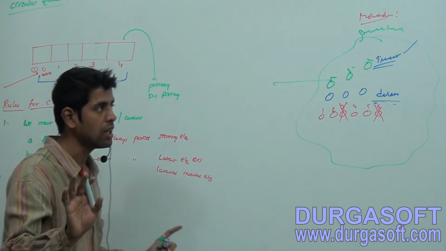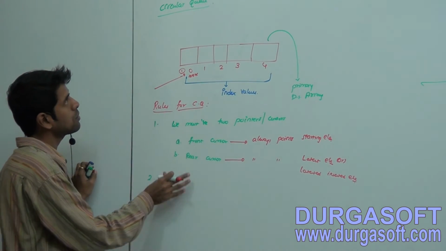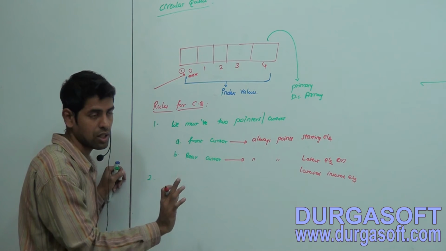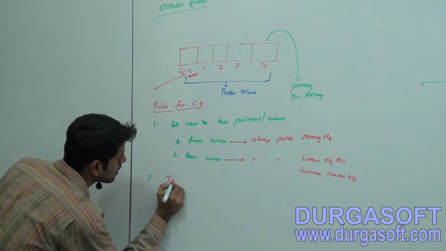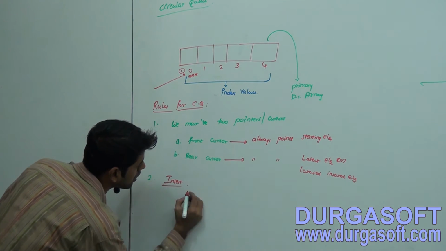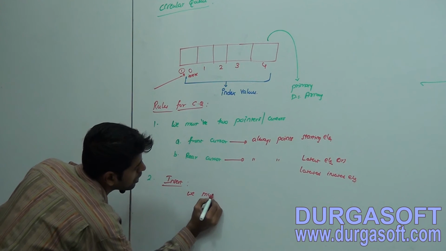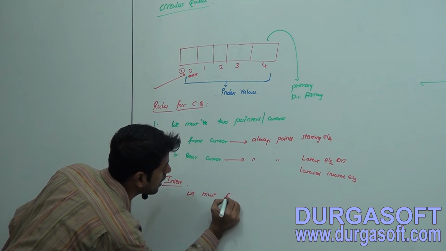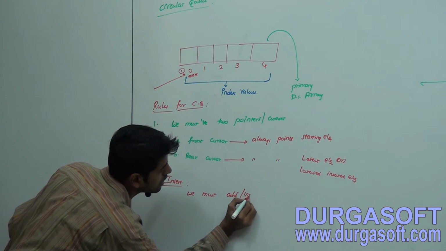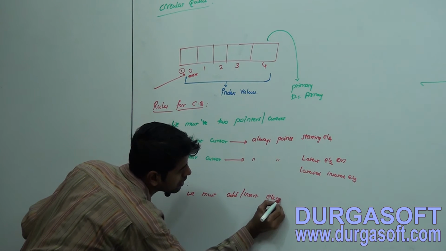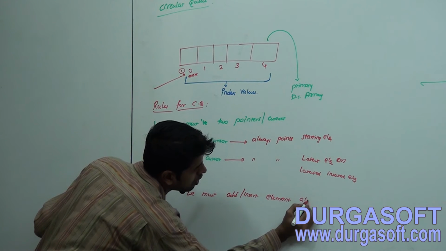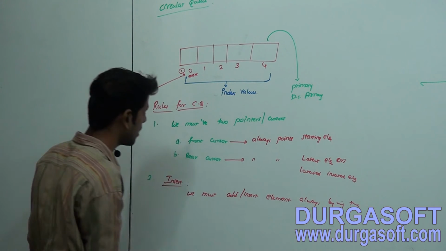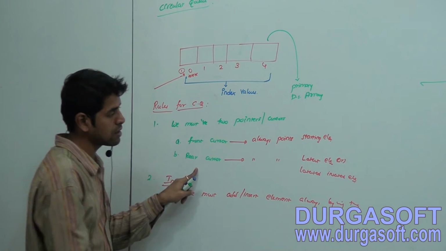In the same way, some of the programmers have given rules for deletion and for insertion. For insert, we must add or insert an element always by using the rear cursor.